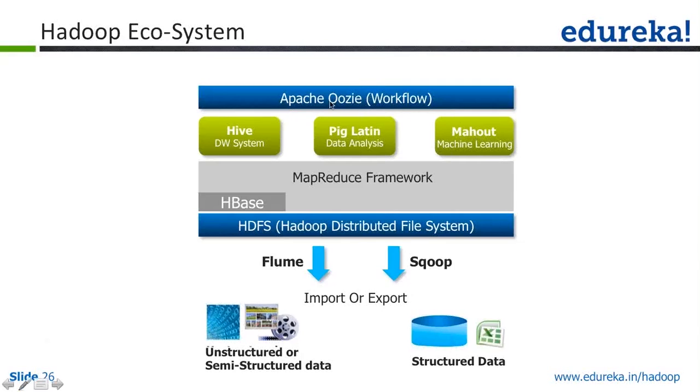Oozie we will be covering in this course. This is the workflow management tool which is used to run jobs in parallel on Hadoop. MapReduce. Sqoop and Flume are tools, and don't worry about them too much right now.